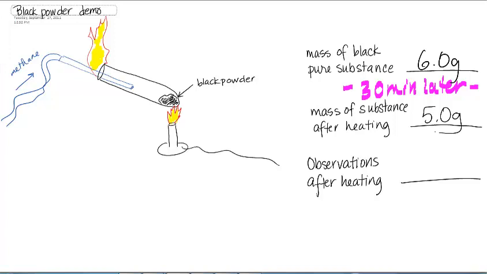And I had a black powder originally, and this is what remains. It's not cold. Okay, so you see where it says observations? You can make an observation of what it looks like right now. So I had a black powder is what I started with.